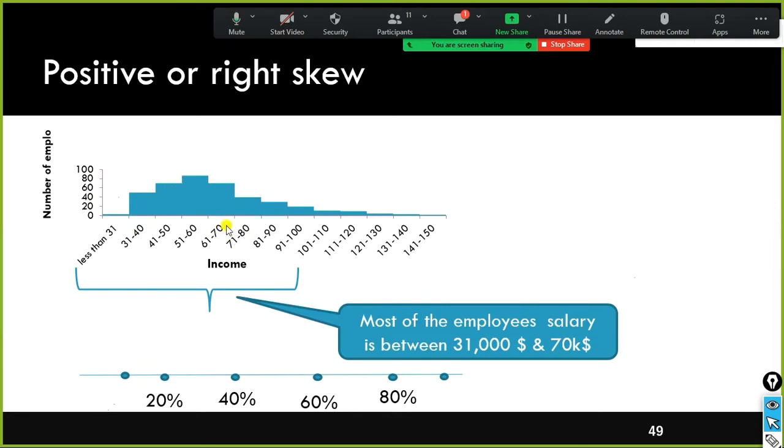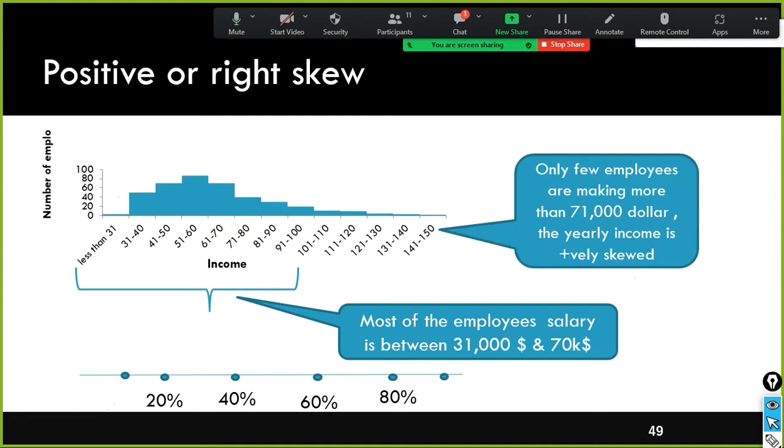You just saw up to this one. And next, only a few employees are making more than 71,000. If you see here, less than 20, maybe 10, 5, maybe 3, 2, 1, right? This is how you need to specify.